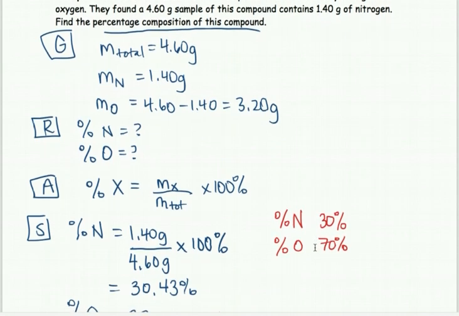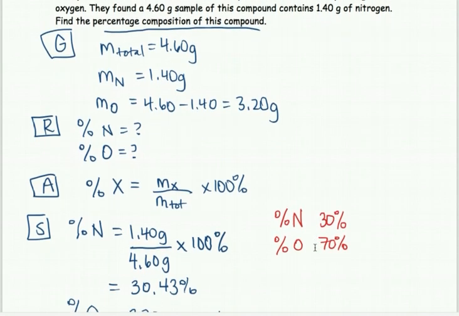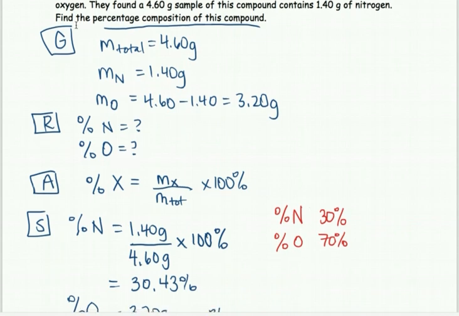Okay, so what we're doing today is we're going to try to build a formula called an empirical formula, where you are now going to use that mass data and propose a formula that would represent a mass ratio of 30 to 70 of nitrogen to oxygen, okay?